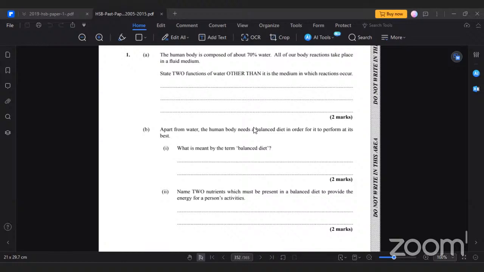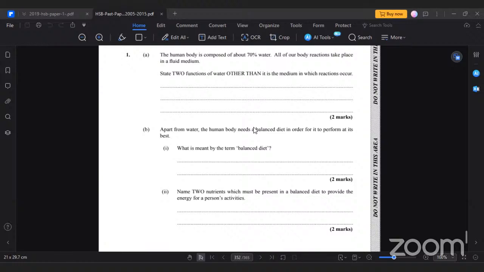All right, number 1. The human body is composed of about 70% water. All of our body reactions take place in a fluid medium. State 2 functions of water other than it being a medium in which reaction takes place.